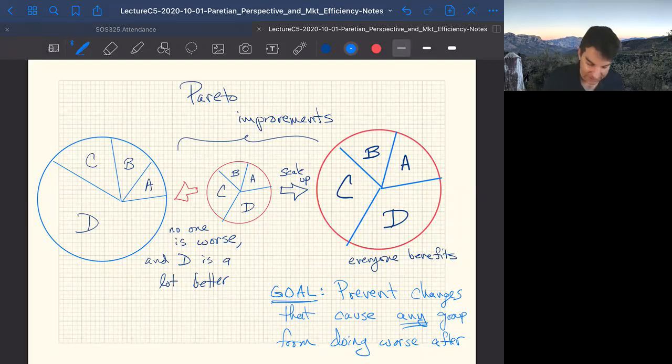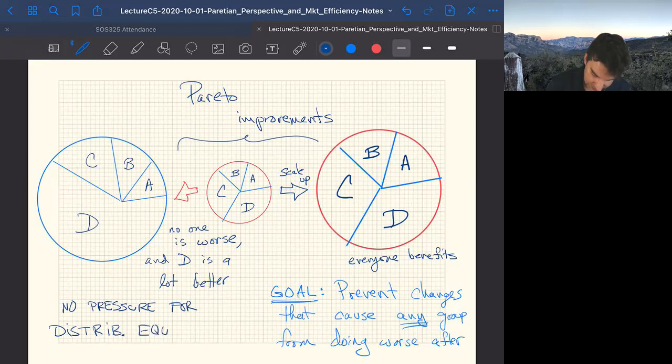Now notice here that this approach has no pressure for distributional equality.